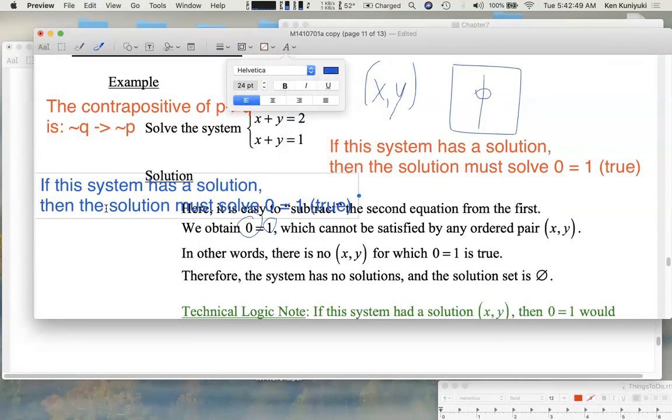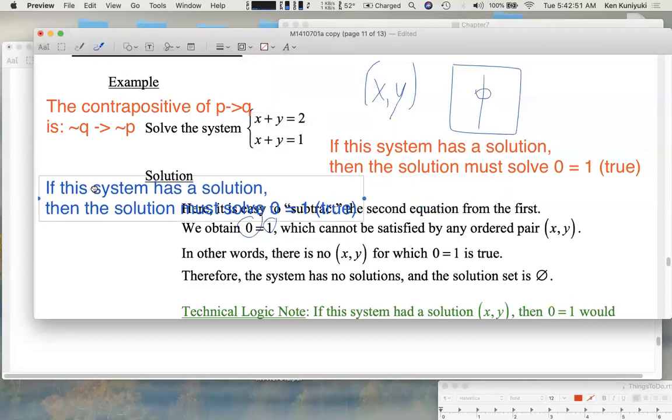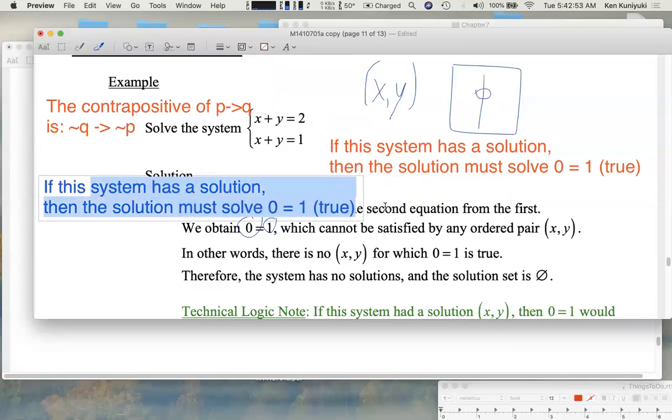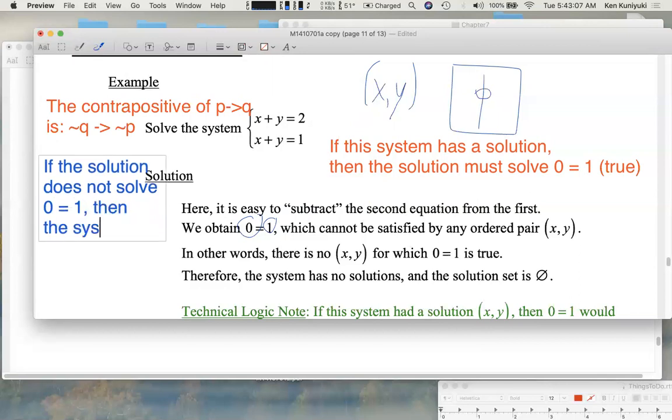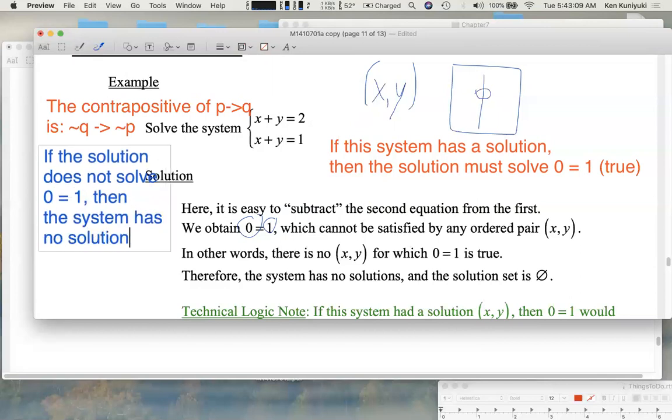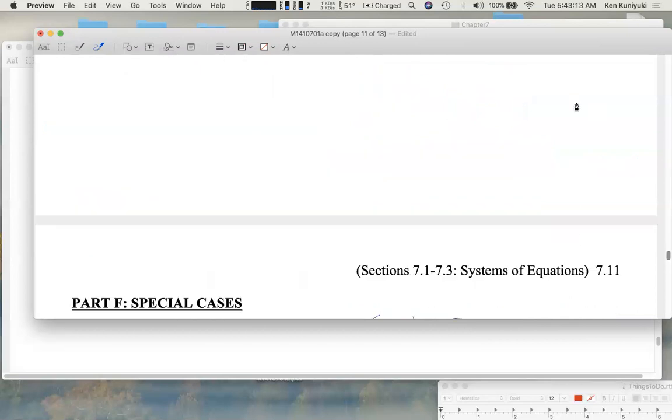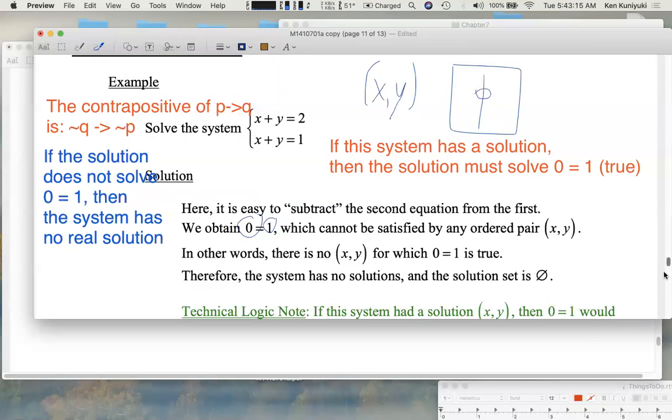What's the contrapositive of this statement? Well, if 0 does not equal 1, and isn't that the case? Oh, how about this? If the solution does not solve 0 equals 1, then the system has no solution, no real solution.